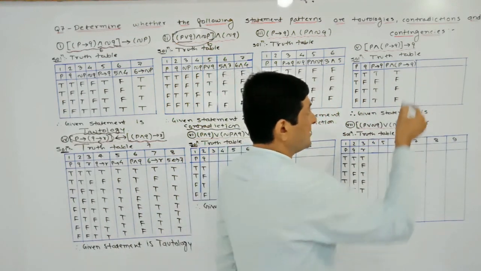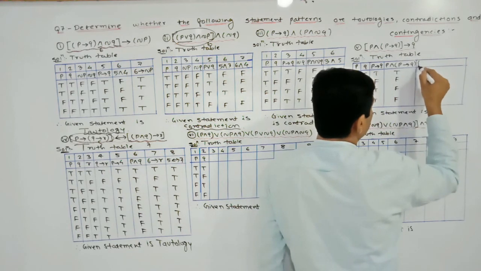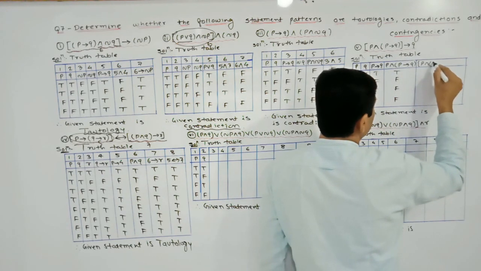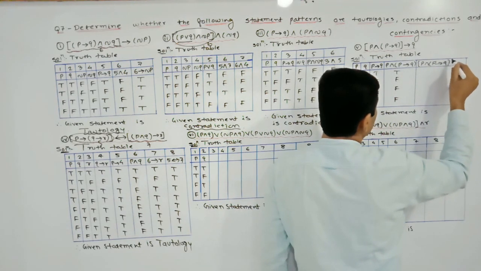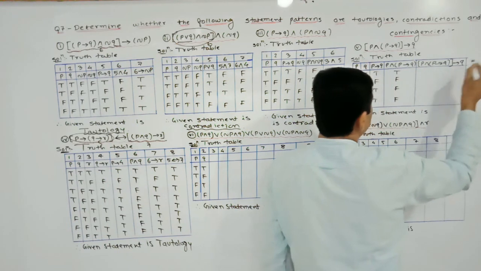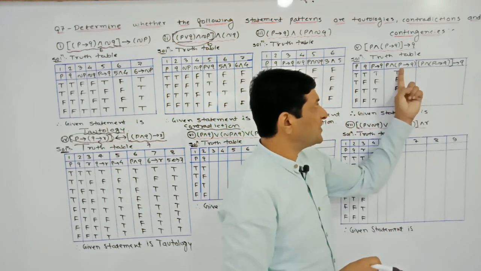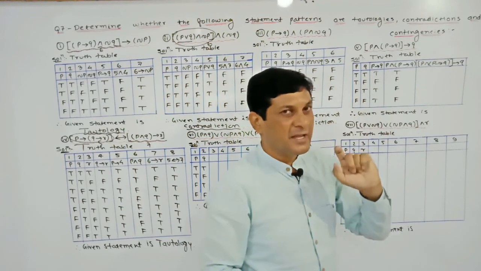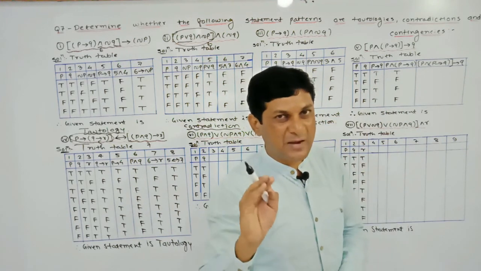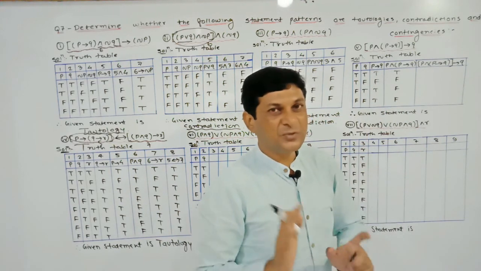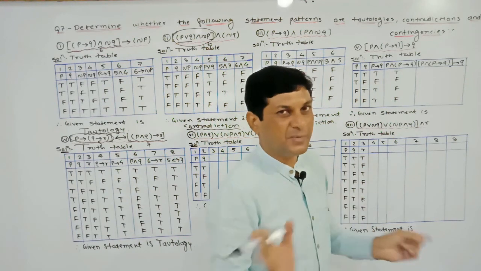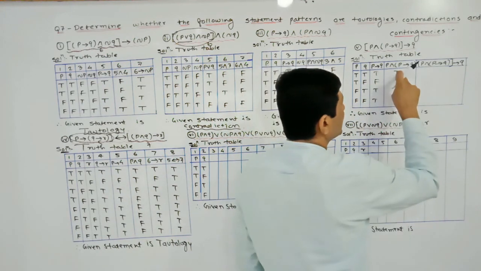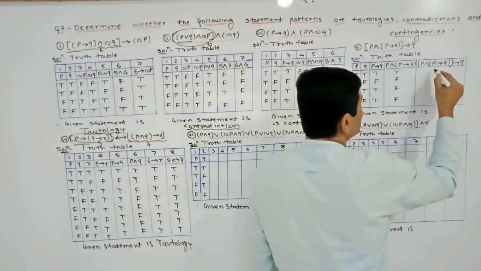Lastly, this statement means which statement? P and P implies Q implies to what? Q. Means this is first statement, this is second statement, and these two statements we have to connect by what? Implication. Implication means what? First is true, second is false, implication is false. So here TF does not appear, so it is true.